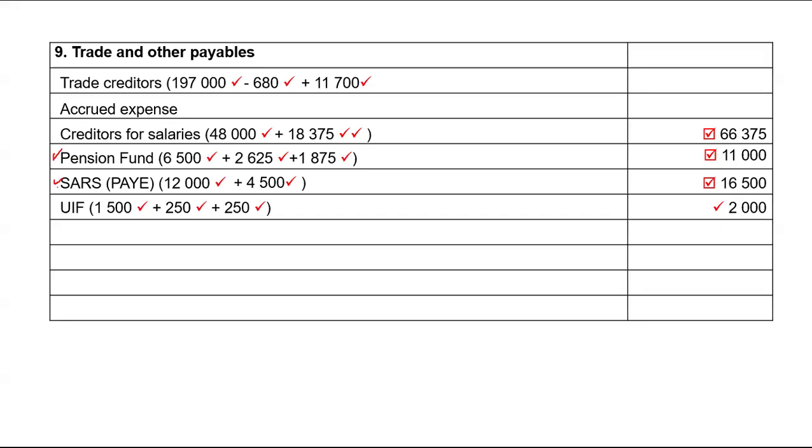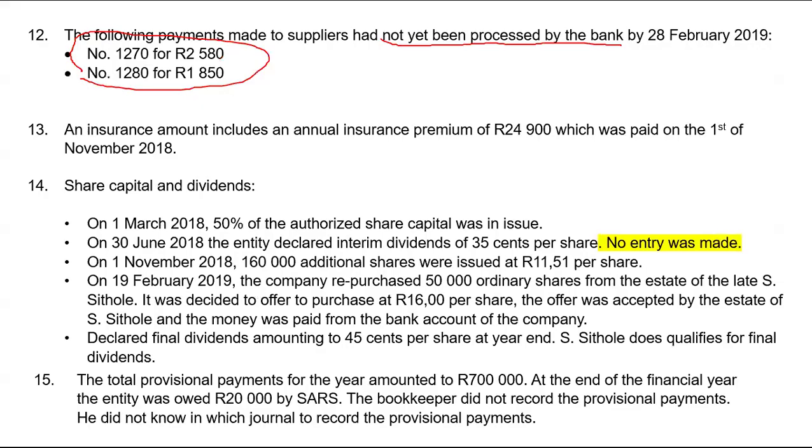Now, since they told us that these payments were made, and you might have noticed that I highlighted that these payments were made to the supplier but were not processed by the bank.